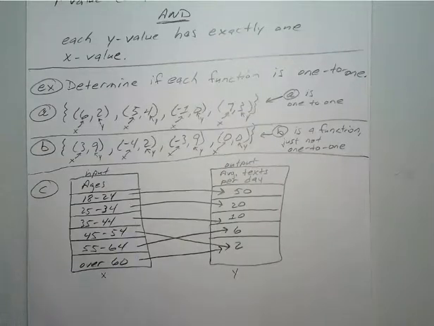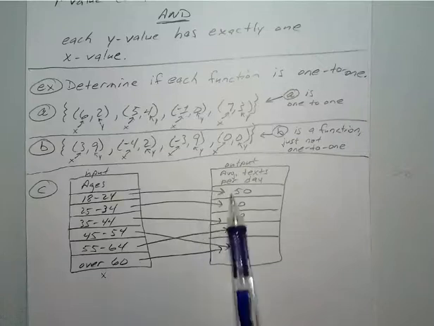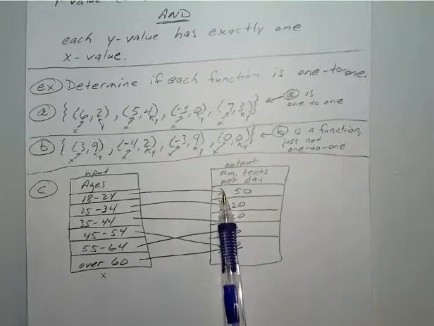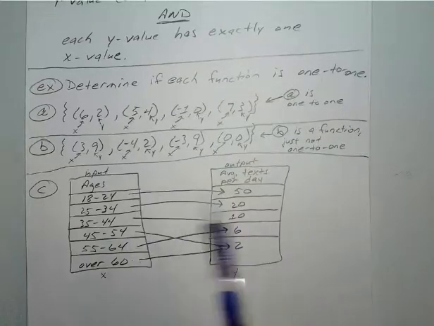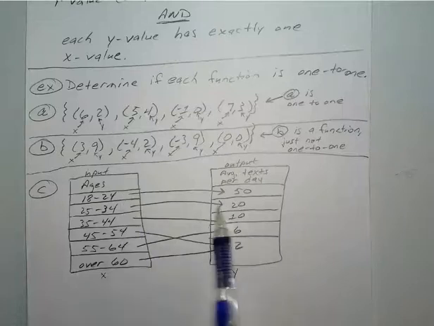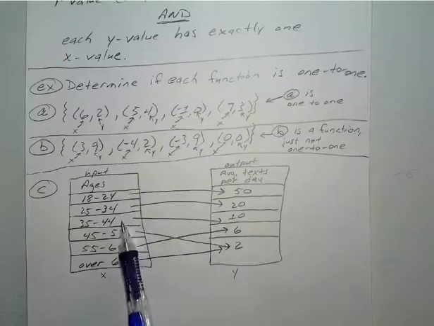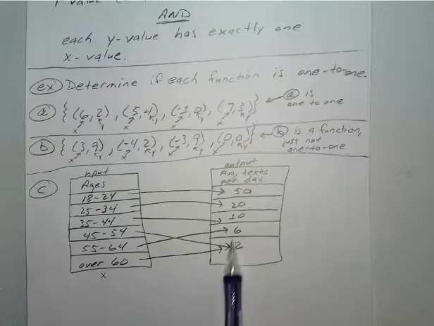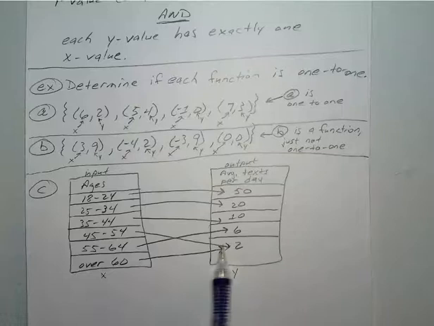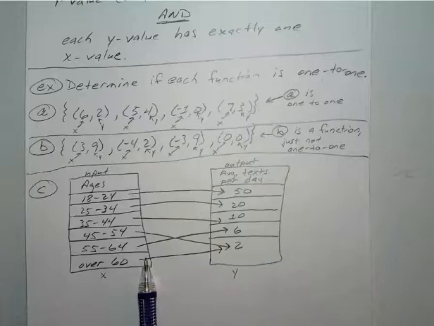But if you look at those arrows the other way, this y has one x, this y has one x, this y has one x, this y has one x, but your y equals 2, your output, has 2 inputs. Okay? So this actually represents a function, just like B. It's a function, it's just not a one-to-one function.